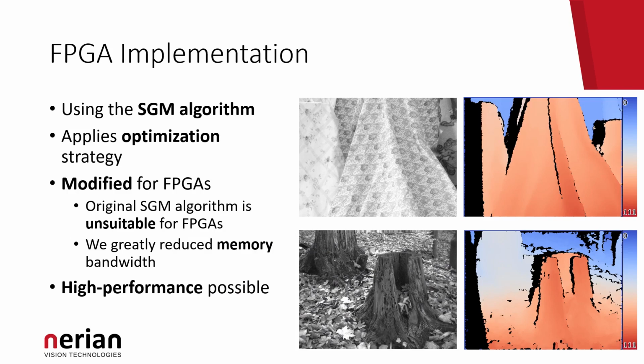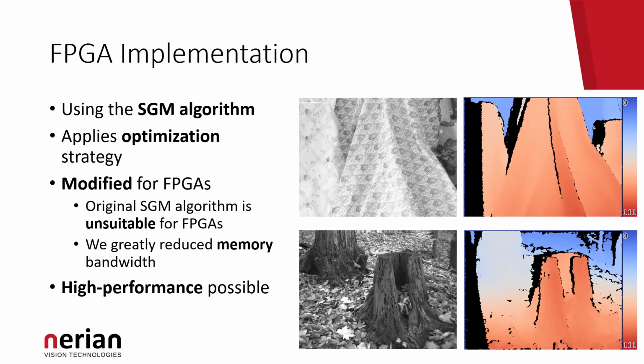Now, some words about the algorithms that we run on the FPGA. Our image processing is based on our own variation of the semi-global matching or SGM algorithm. So the SGM algorithm applies an optimization process to identify which pixels from the left and right camera image correspond to each other and hence infer what depth a particular pixel is.